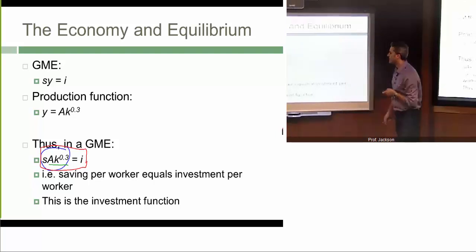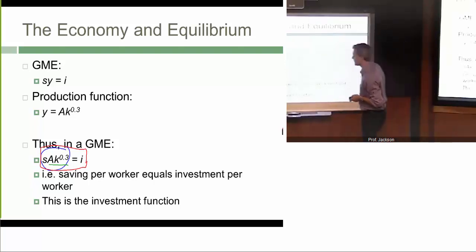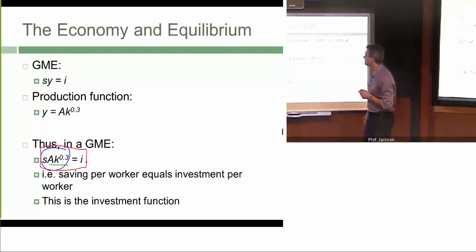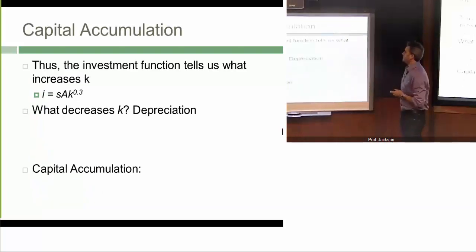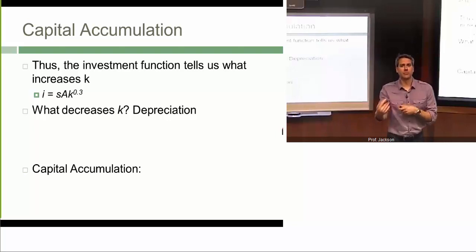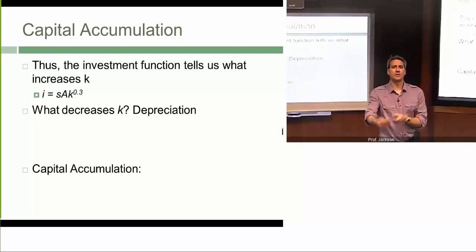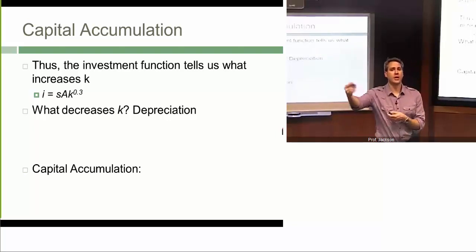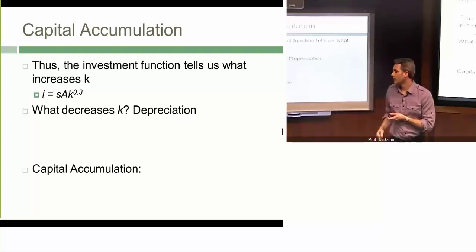And so that's how we can think about that investment function and the relationship that it has to the left-hand side. So ultimately, this is going to be telling us what's going to be the increase in the capital stock. And you can see that it's sort of endogenous in the sense that a higher capital stock is going to lead to higher production, which means higher savings, and therefore channeled through financial markets is going to lead to higher investment over time. Okay.